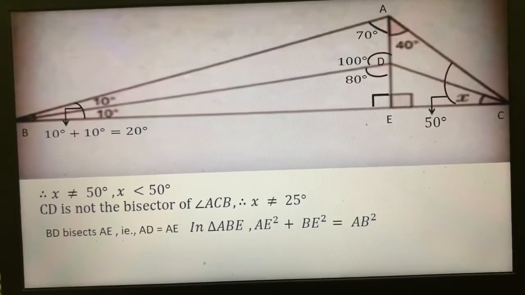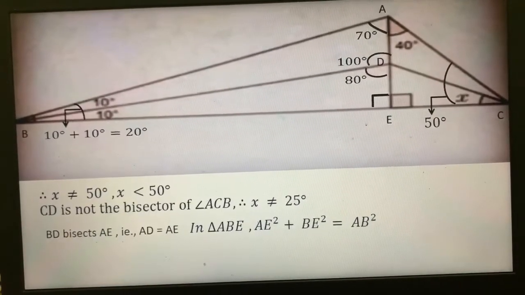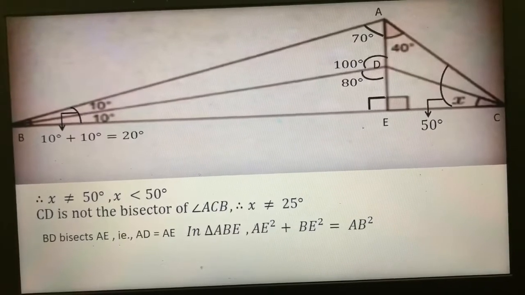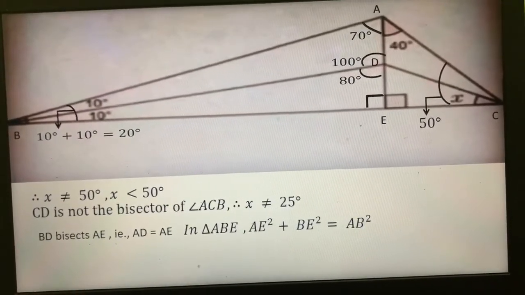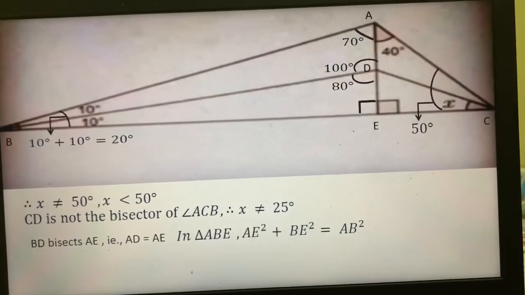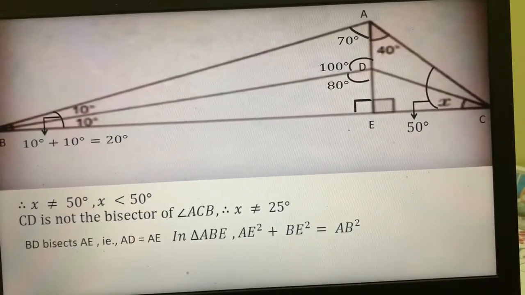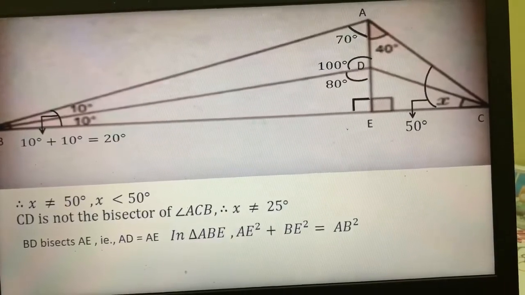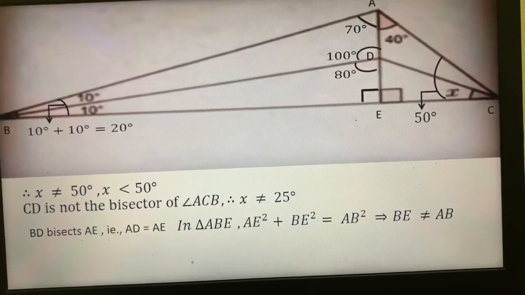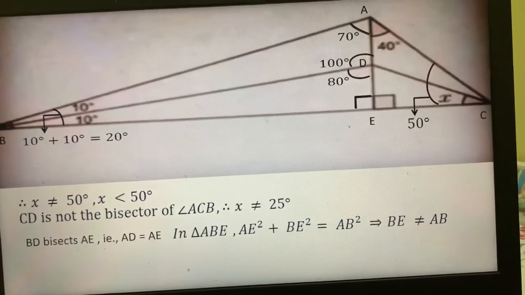Clearly then, BE is not equal to AB. BE is the base, AB is the hypotenuse. In a right angle triangle, base and hypotenuse can never be equal. Now why am I saying this? The question was about AD and DE. Why did I take the base and hypotenuse? There is a relation, and I am coming to that point.